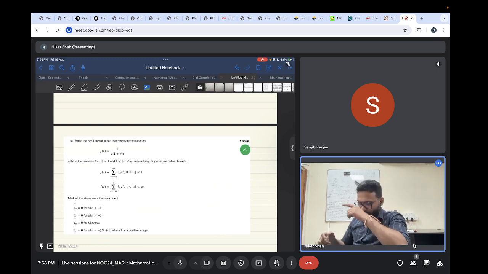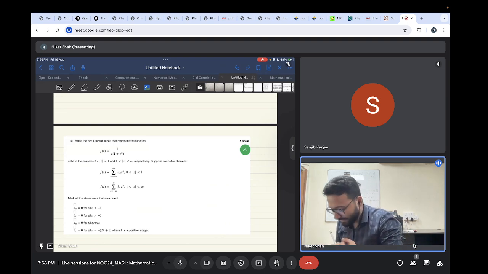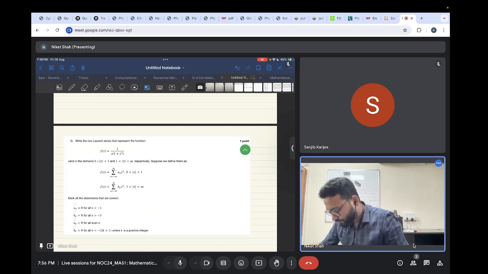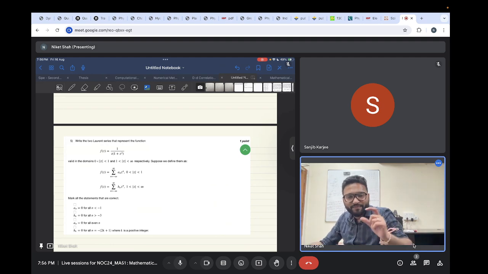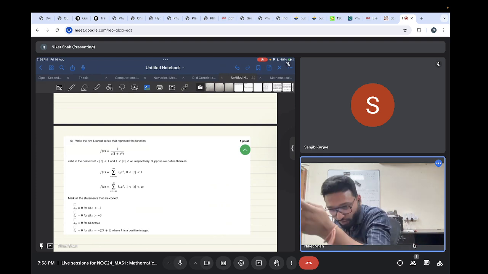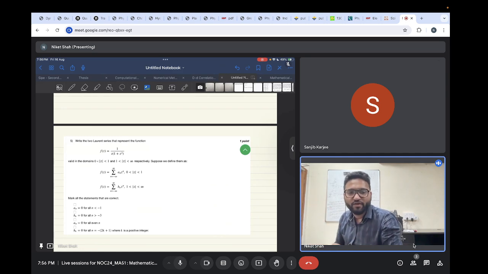On the circle with mod z equal to 1, there are singularities in this function because we have 1 plus z square in the denominator, right? What we want is to define a Laurent series separately for inside this circle and outside this circle. That's the whole idea. On this circle, there are singularities, so we cannot define this function.